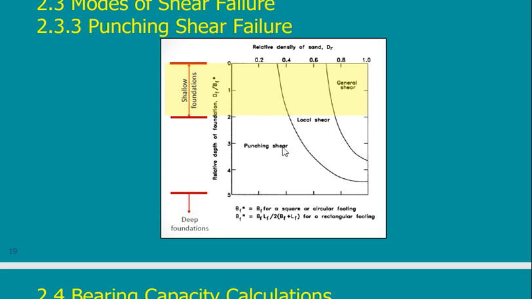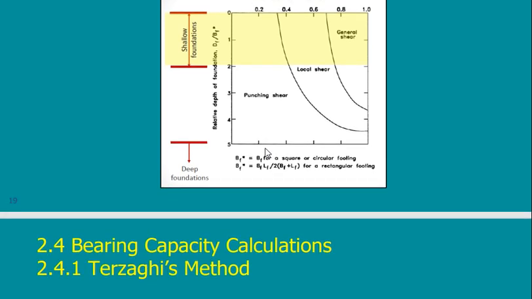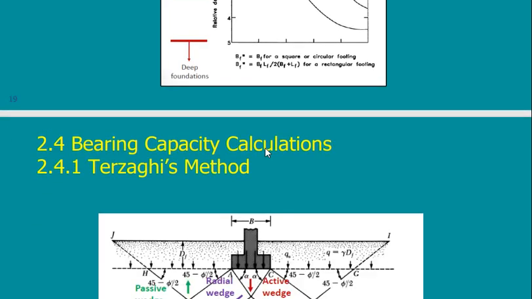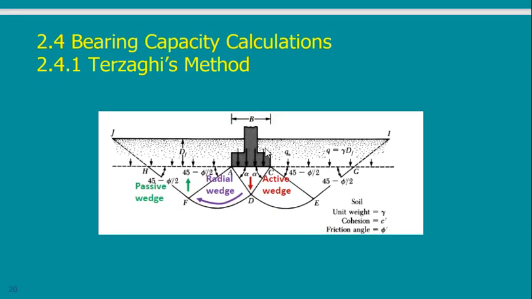It's something to differentiate between the general shear, the local shear and the punching shear in terms of shallow foundations and deep foundations. But I'm not going to build upon it. I'm not going to use it for other information. So if you care to read it, we can discuss it individually with each other.